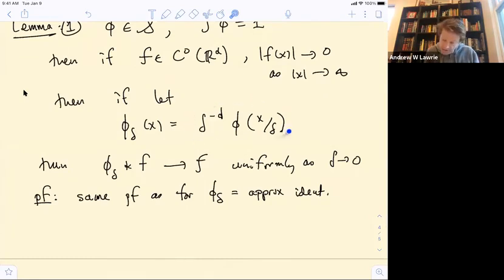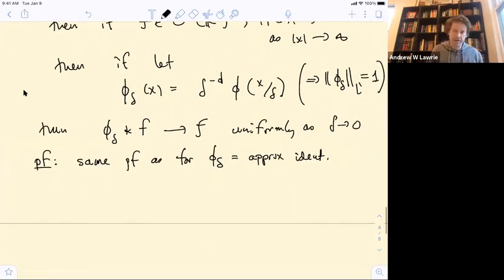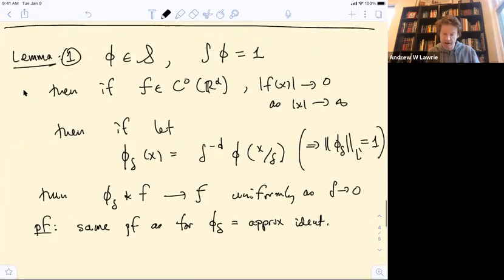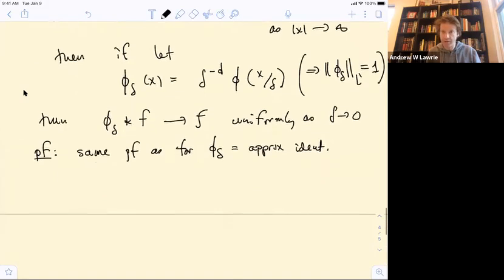Note that these rescalings leave the L1 norm invariant. So this is one way of obtaining an approximate identity: take a Schwartz function with unit mass, and then do the L1 rescaling.